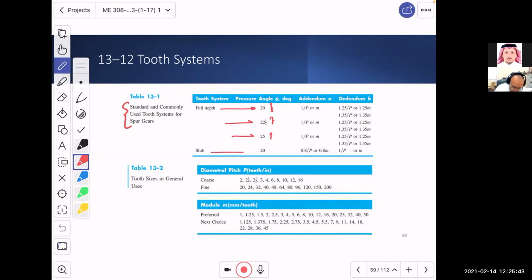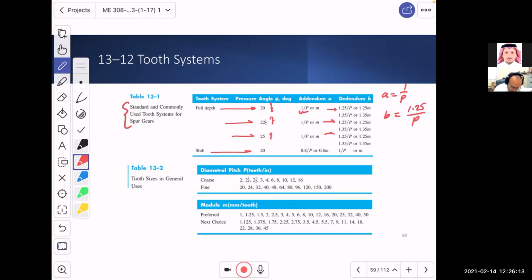We have stub teeth, which is a tooth that is cut down a little bit. There, for the dimensions, one time we told you for a pressure angle of 20, that the addendum is equal to 1 over P, and the dedendum is equal to 1.25 divided by P. So these are the equations for each pressure angle.